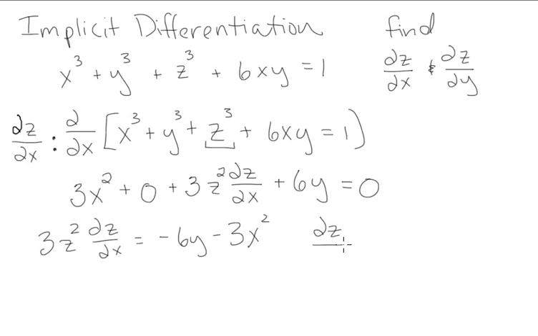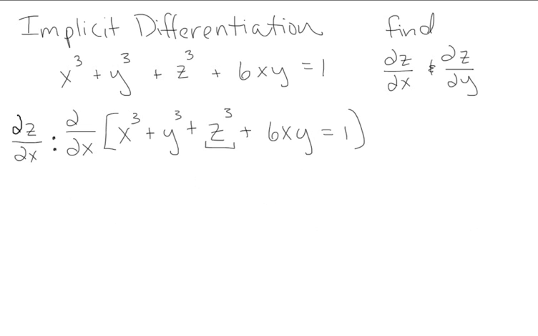I get dz dx is equal to, I'm going to pull out this negative sign here, negative 1 over 3z squared times 6y plus 3x squared, having factored out that negative sign.